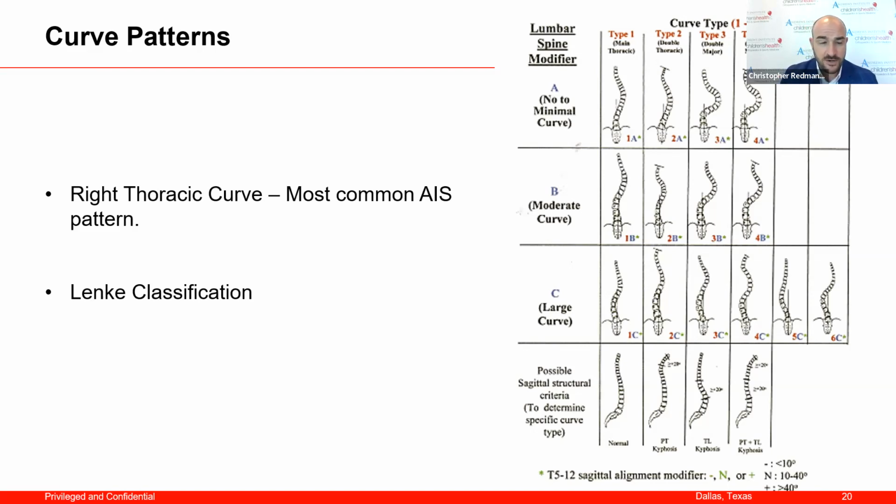Dr. Lanke also broke this down further and looked at different forms of curvatures. And the most common form is going to be a type 1 curvature, and that's going to be a main thoracic curvature. But then we can also break this down into double thoracic and double majors and triple major curves also. There's also a modifier that's applied to these, and that's based off of where the plumb line falls into the center sacral line, crosses the lumbar vertebrae.